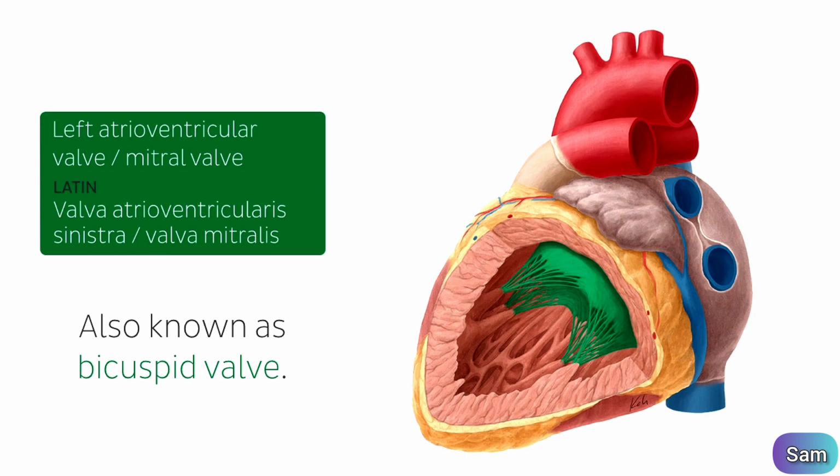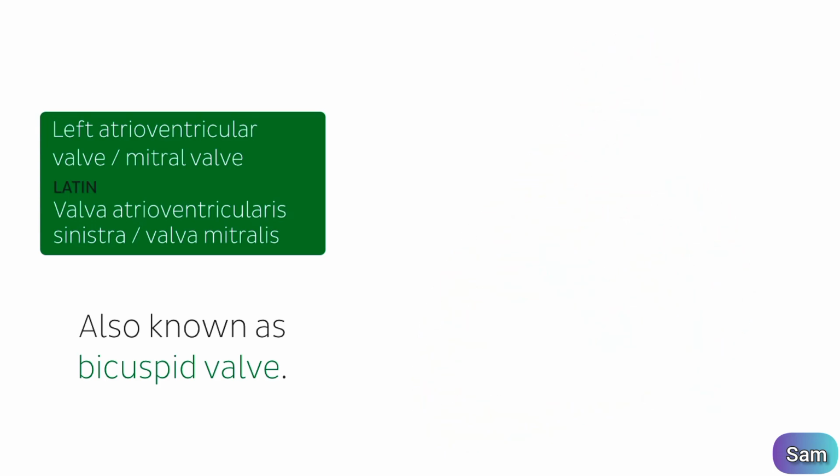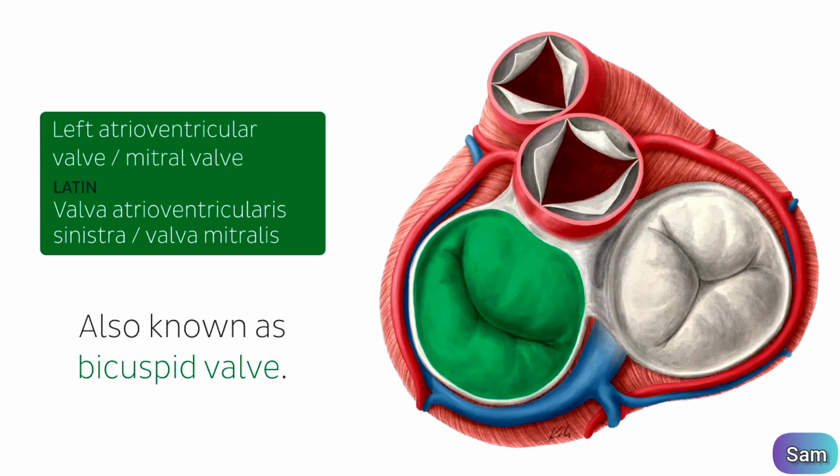So dual flap valve that you find in your heart that lies between the left atrium and the left ventricle. And as you can see, this is the left ventricle, as I mentioned, and the left atrium should be around here.